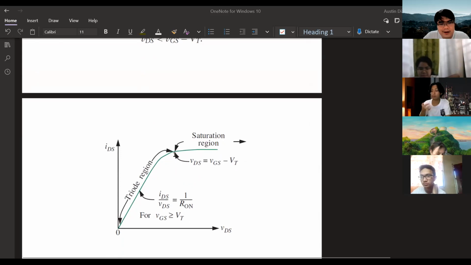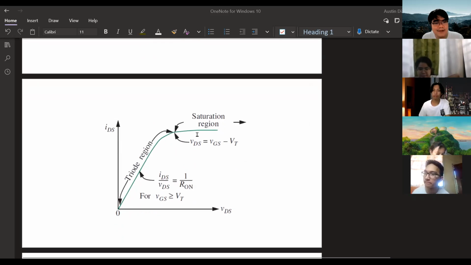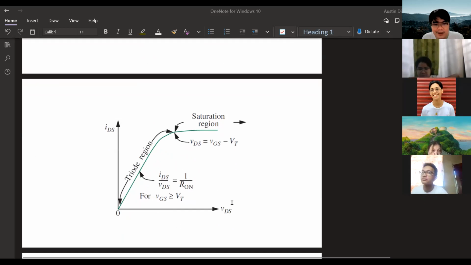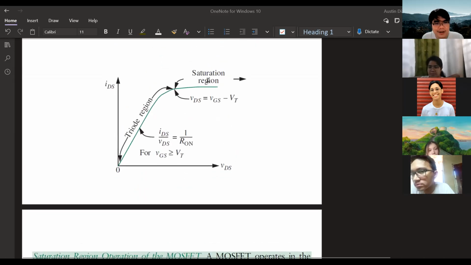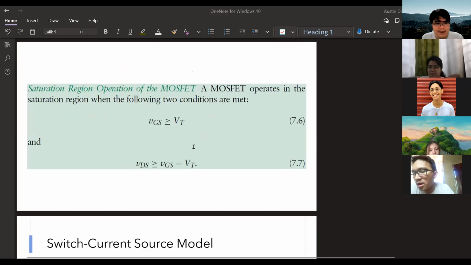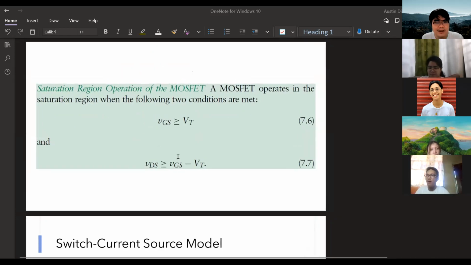However, at this point, meron tayong tinatawag na saturation region. Ibig sabihin, for that part, yung current mo hindi na tumataas or minimal na lang yung pagtaas as you increase the voltage in the drain. Okay? So yung saturation region, you can obtain that by using this relation.